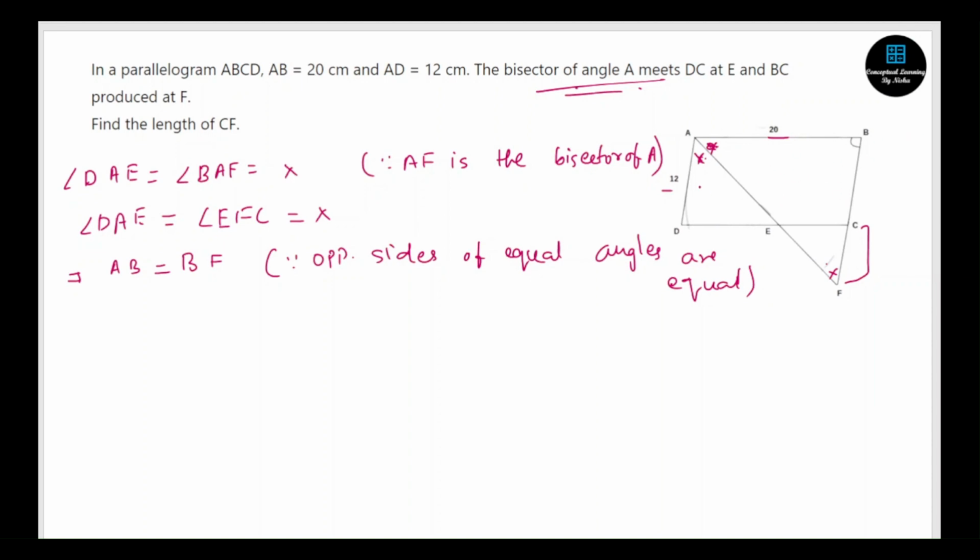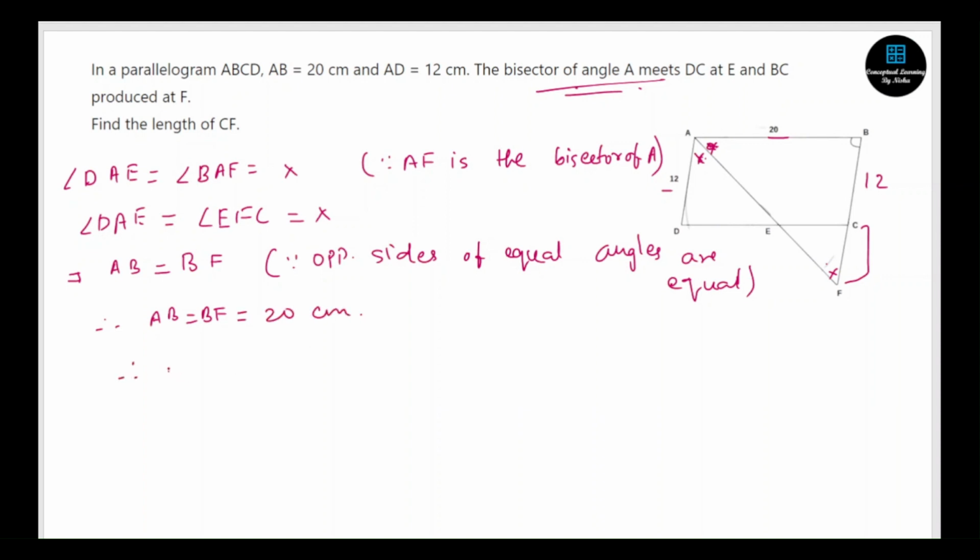Now, can you find it out? It is very easy. See, we already learned that opposite sides of a parallelogram are equal. So, what can I say about BC? Yes, it is 12. And now we have to find CF. We already know how much is BF. Therefore, AB is equal to BF. AB is given. Tell me how much? 20 centimeters.